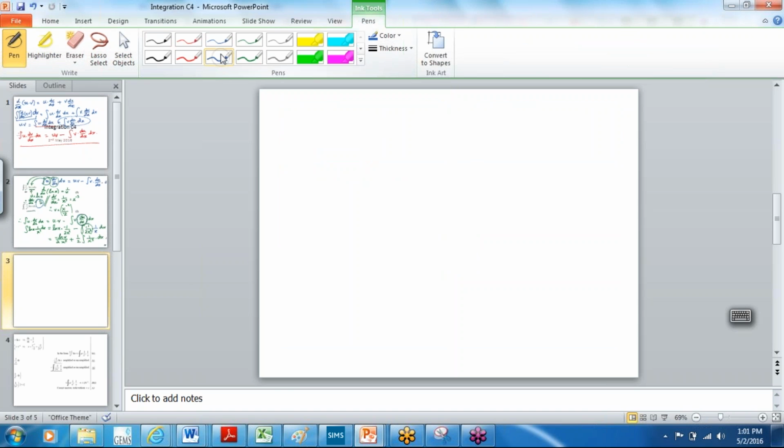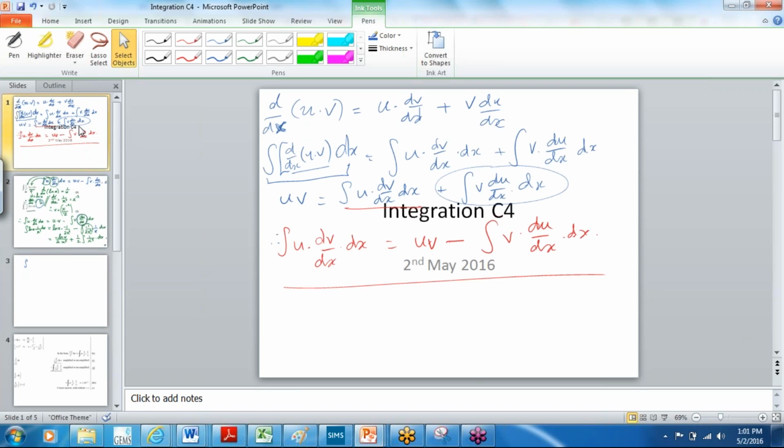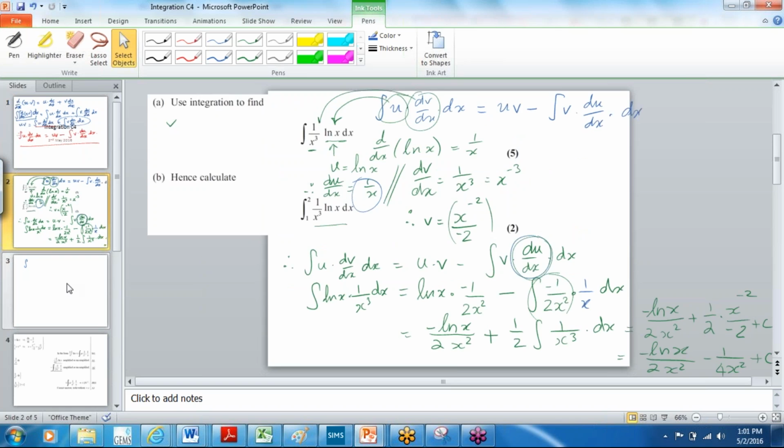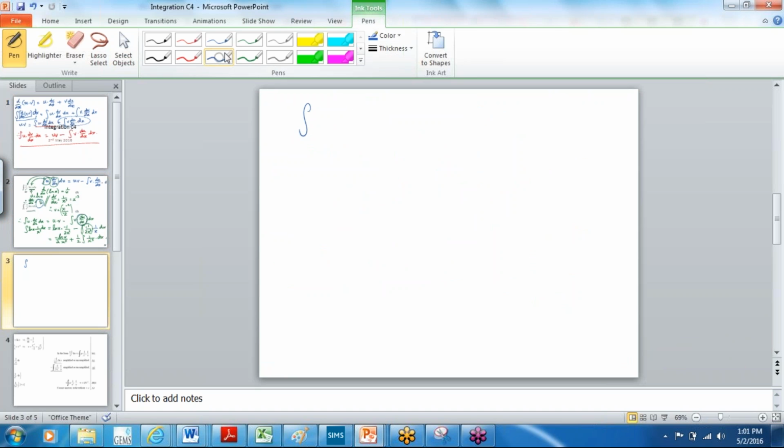We want the integral from 1 to 2 of 1 over x cubed times natural log of x dx, and we're going to go from 1 to 2.